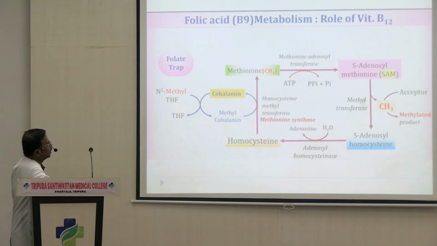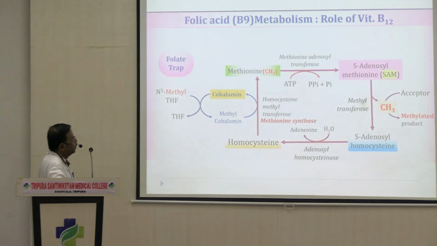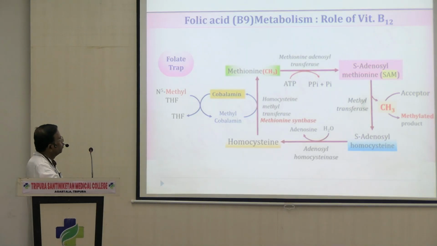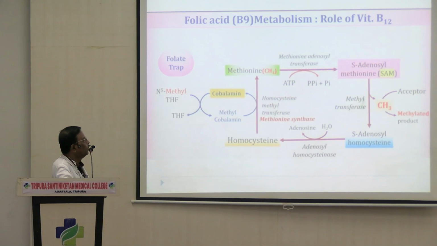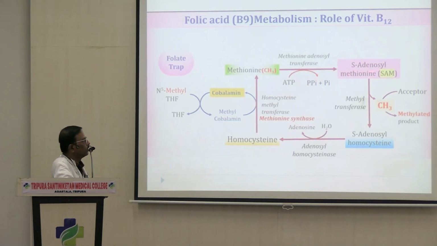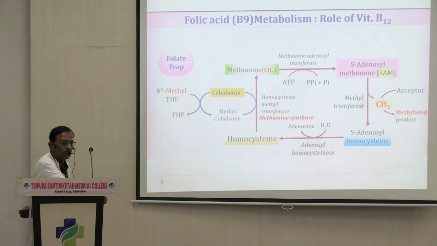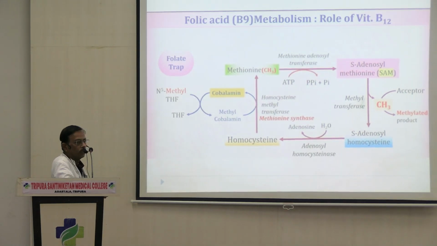Now in case of methionine, what happens? It is activated. Methionine, even though it contains this methyl group, cannot donate the methyl group because it is not the activated form. So it is activated by methionine adenosyl transferase to S-adenosyl methionine. The active form of methionine is S-adenosyl methionine, SAM. Okay.